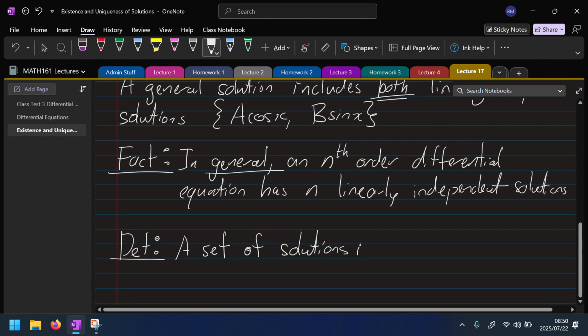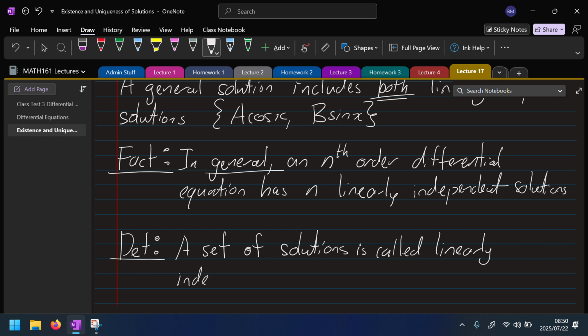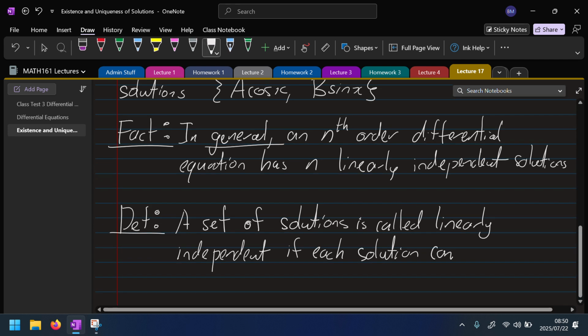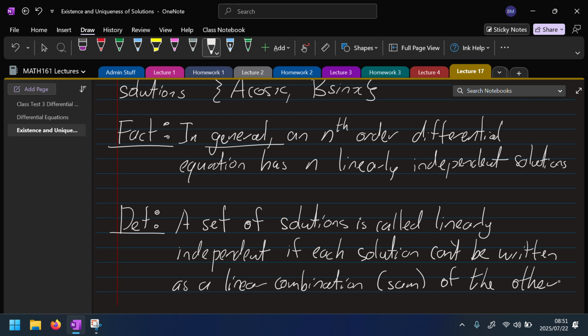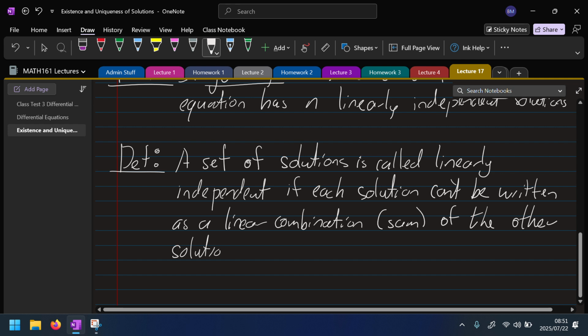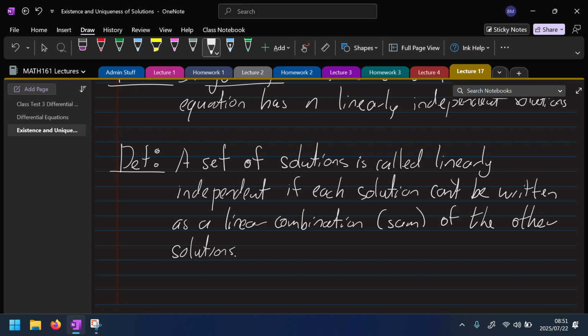So a set of solutions is called linearly independent if each solution, again, each vector, same idea, can't be written as a linear combination or sum, same thing, of the other solutions. Right, just replace solutions with vectors, and you've seen that last semester.